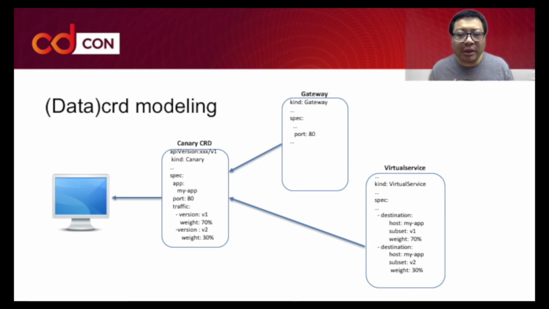What data modeling is, there's always a middle layer between the user interface and the database. It's very rarely that the user interface will directly modify the database. So by adding this additional layer, it gives the platform builder the power to manipulate the underlying CRDs or APIs.